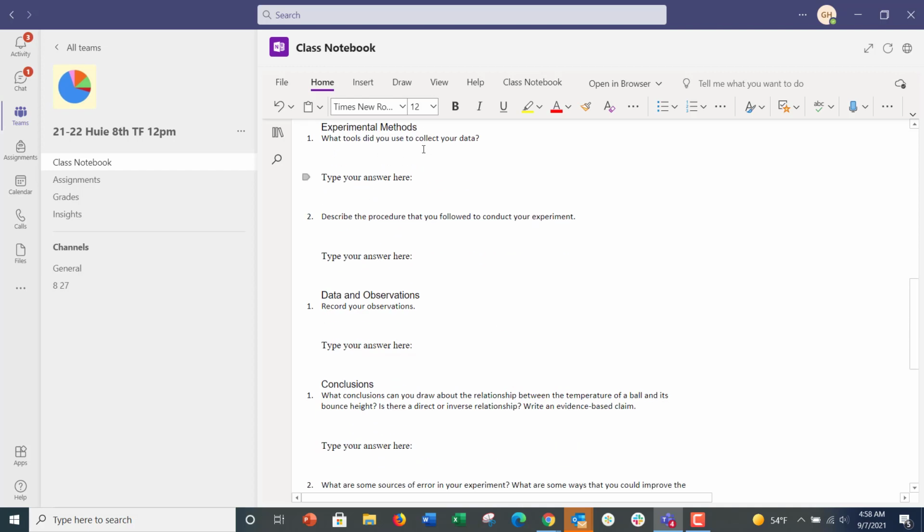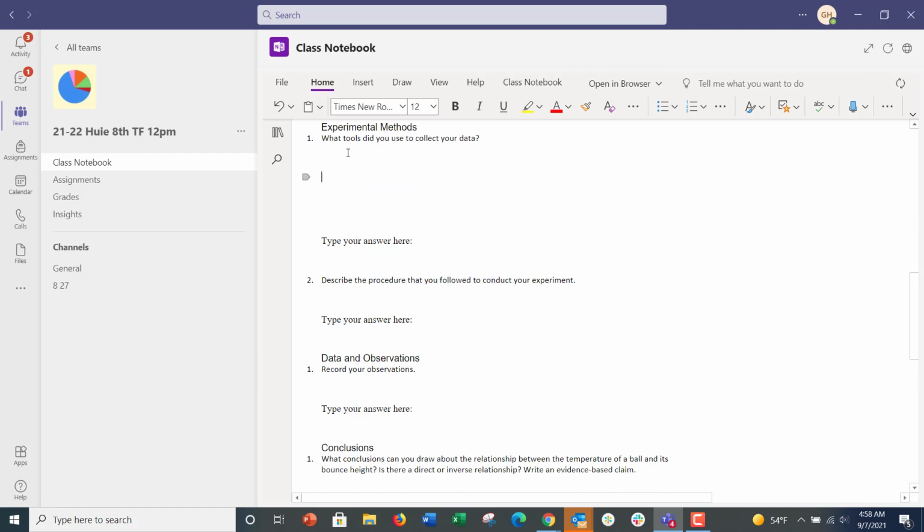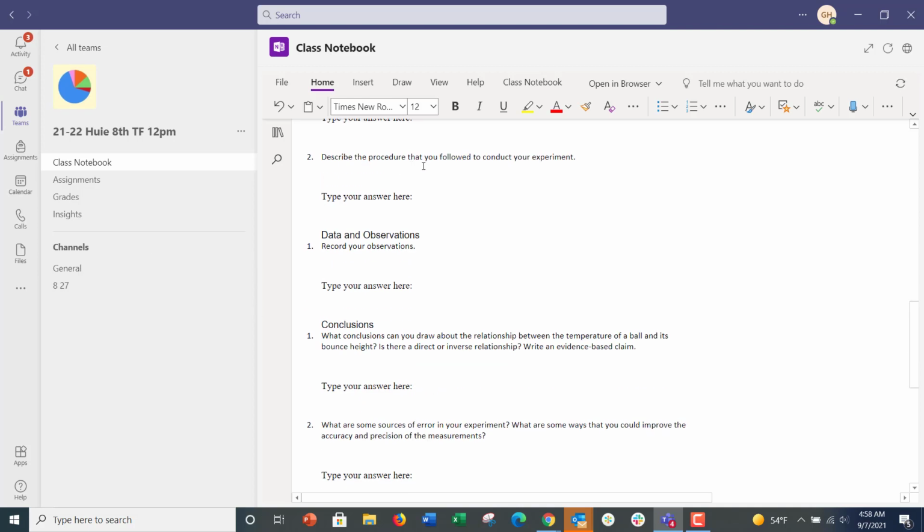Experimental methods, what tools did you use to collect the data? So that's going to be something like the ruler, the simulation, anything else that you used in the simulation. Describe the procedure that you followed to conduct the experiment.